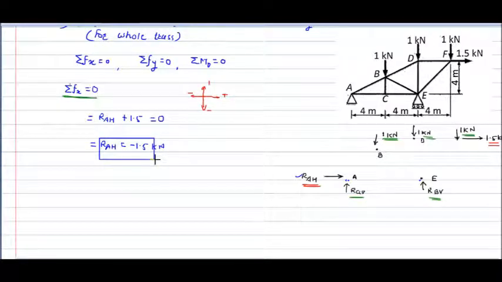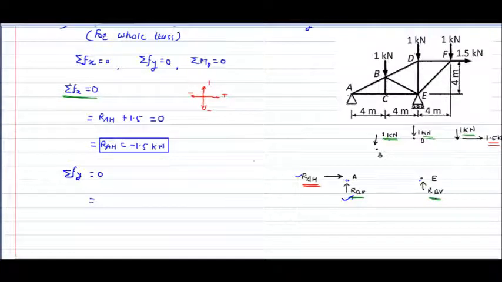Okay, now we use the second condition, that is, the sum of all forces in y direction is equal to 0. In this case also, just observe the forces which are there in y direction and list out all those forces.